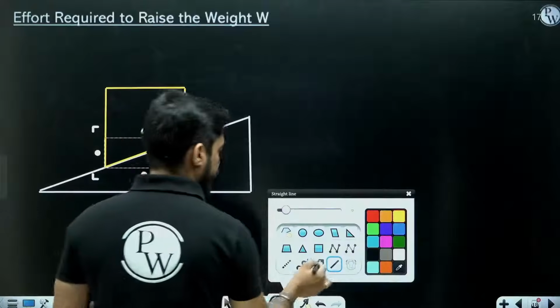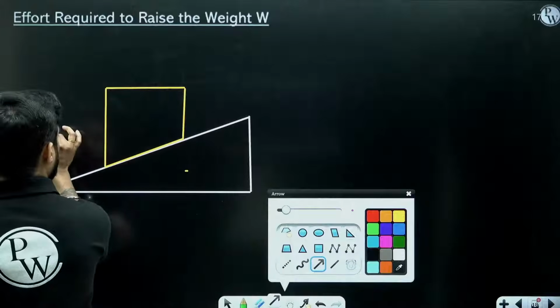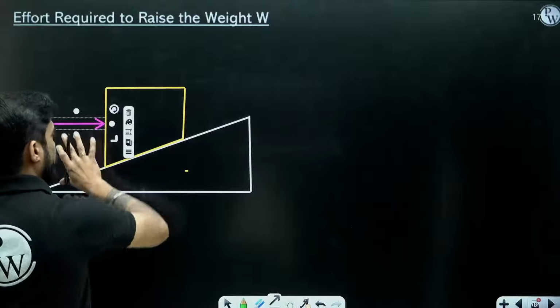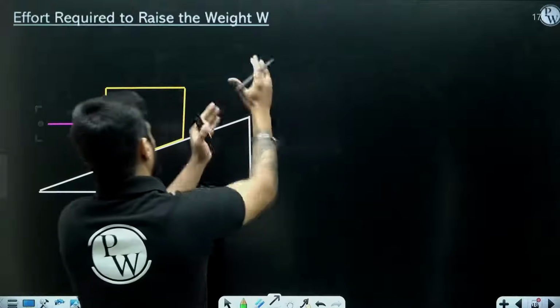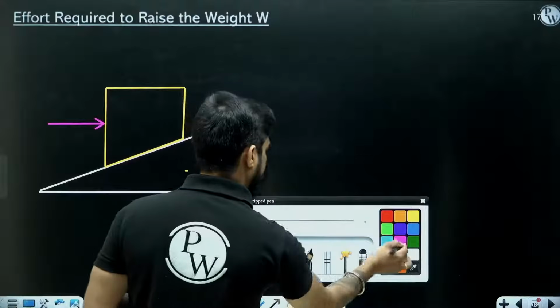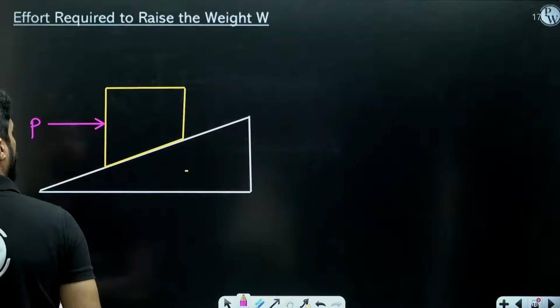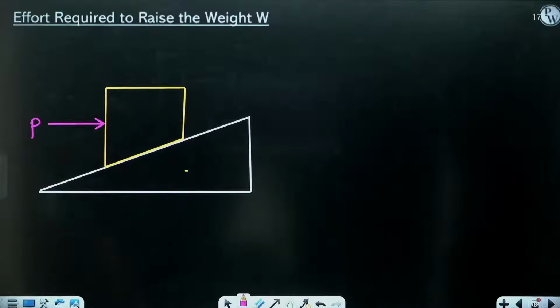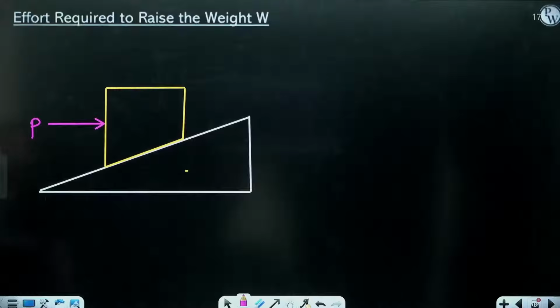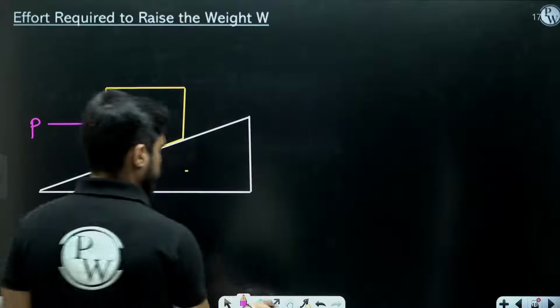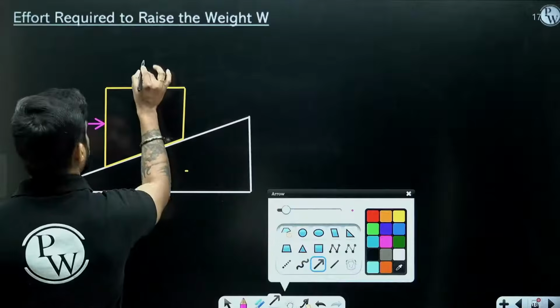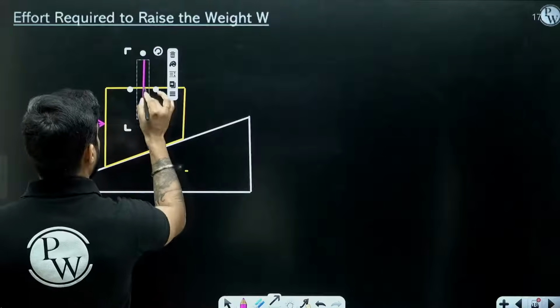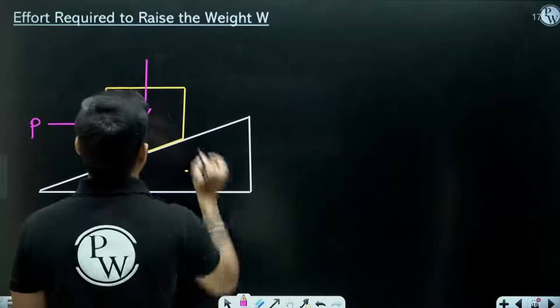And now we are applying a force like this in order to raise it from A to B, right? In order to move it on top of this thread. Okay. Now understand. This is the weight W which we need to raise.